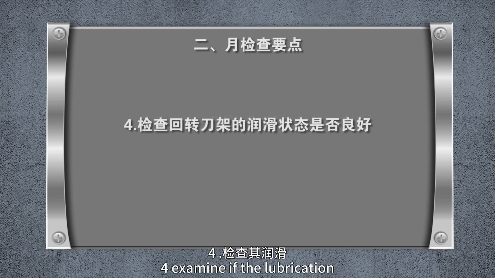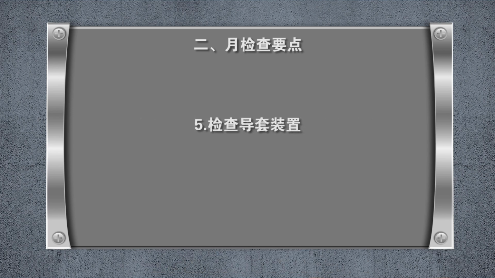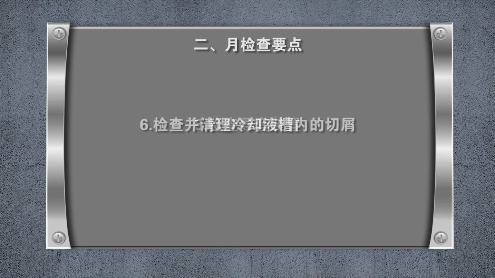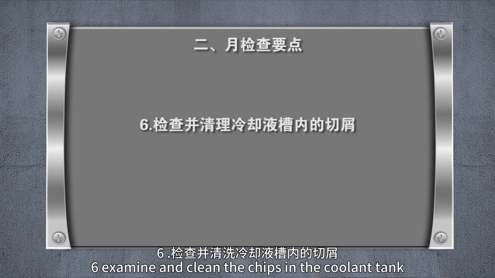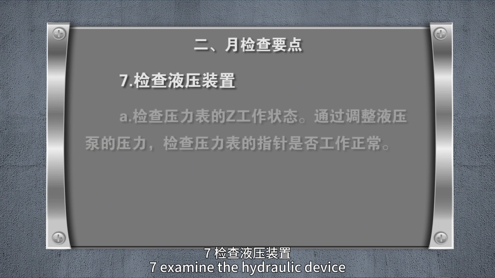Examine if the lubrication status of the rotary tool holder is good. 5. Examine the guide sleeve device. 6. Examine and clean the chips in the coolant tank. 7. Examine the hydraulic device.